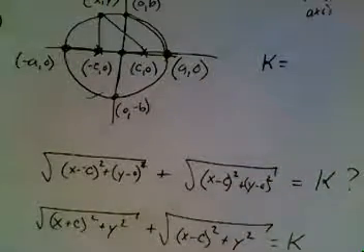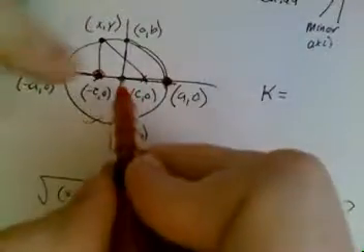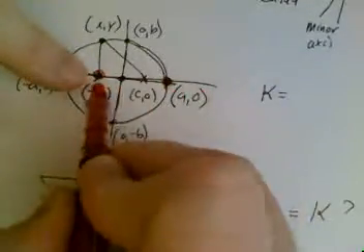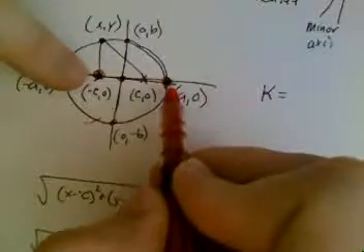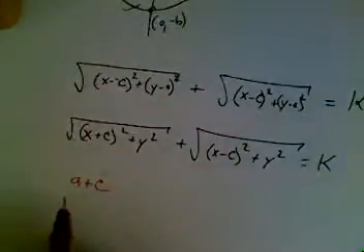And let me get out a red pen to do that a little more clearly. From this focus to this vertex, that distance will be c plus a. So that distance there would technically be a plus c. Why?